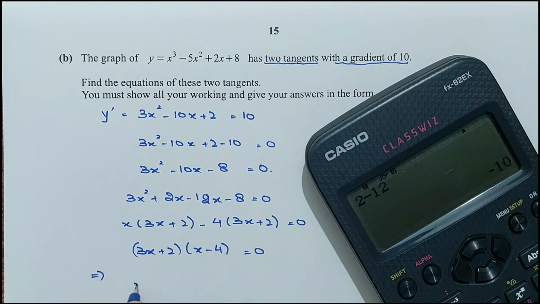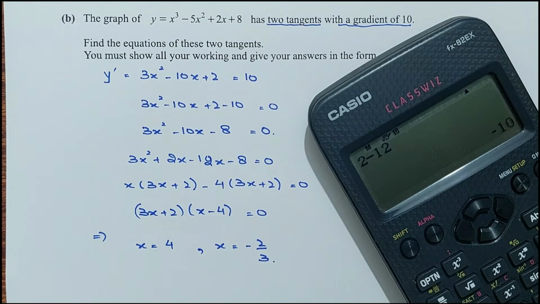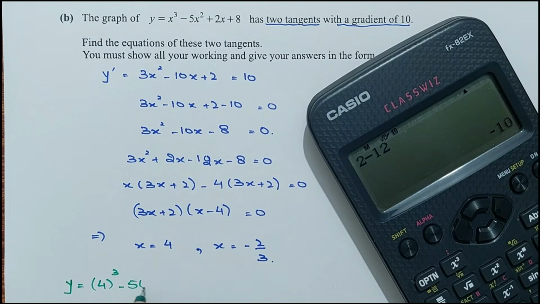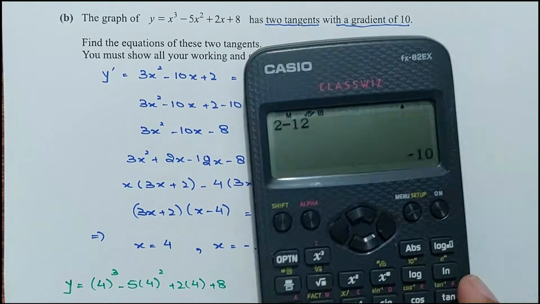Let me simplify from here. X value is 4 and x value is negative 2 by 3. Let me solve the corresponding y values by substituting into the equation, right? So when x value is 4, y should be equal to 4 cube minus 5 times 4 square plus 2 times 4 plus 8, right?